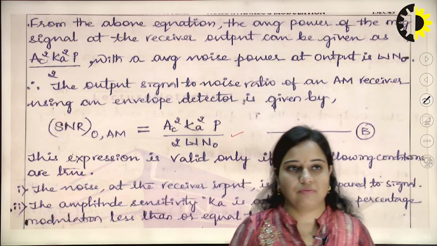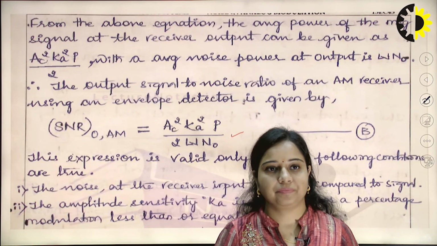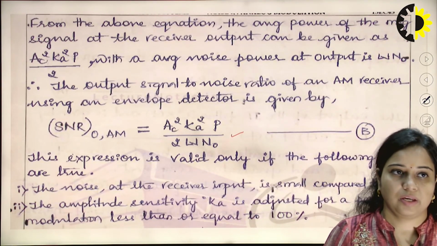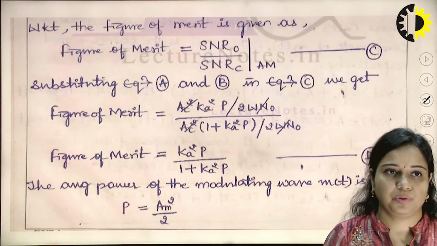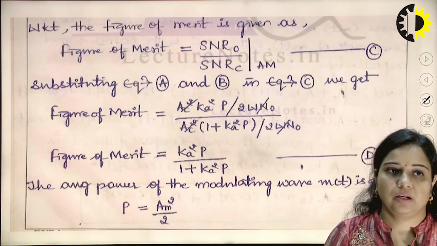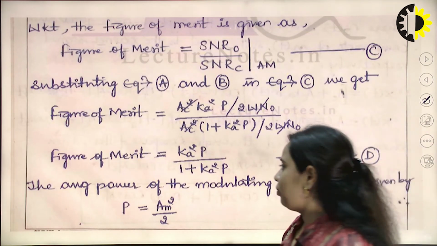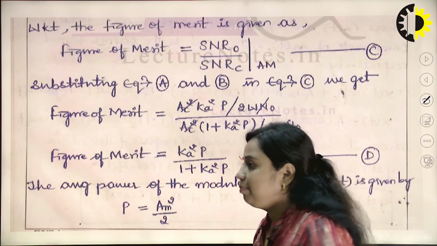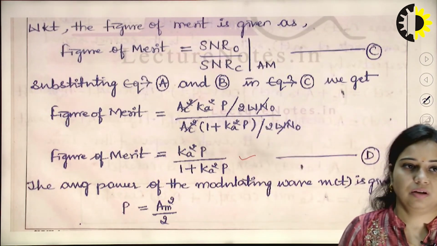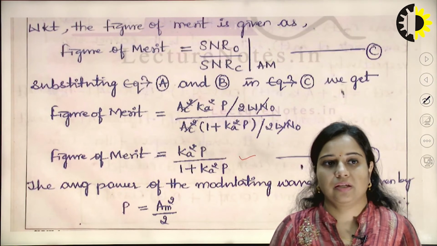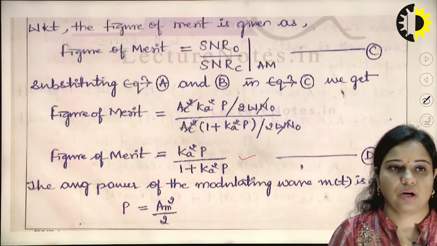Since we have calculated the SNR at the input and the output of the same receiver, we can find out the figure of merit. The SNR at the output upon the SNR at the input will be equivalent to Ka square P divided by 1 plus Ka square P, where P is the message signal power, and Ka is the constant related to amplitude modulation.